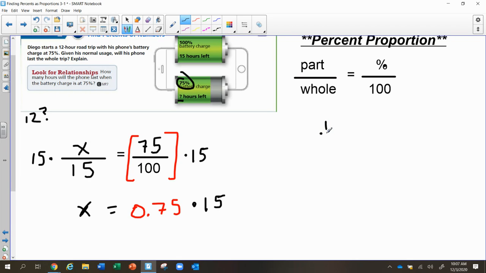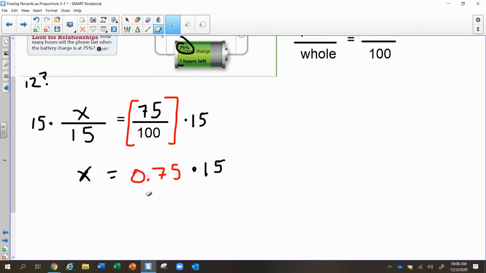A lot of you found out we could just do 0.13 times whatever the number was, like 24. So we just multiplied, which looks exactly like this equation. That's where we get this equation, from the percent proportion. This percent proportion is going to be very important to set up because we're going to be finding different parts in the future. So once we get here, we just multiply.